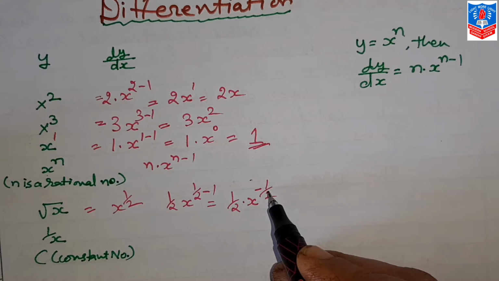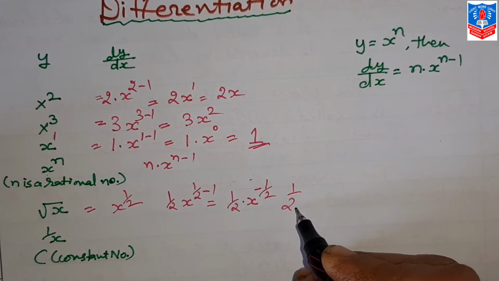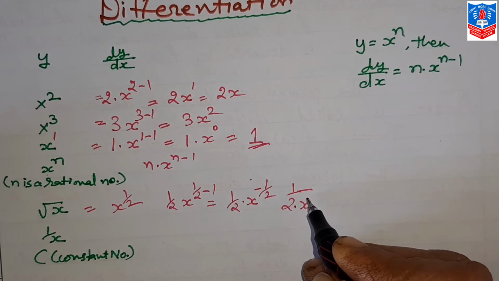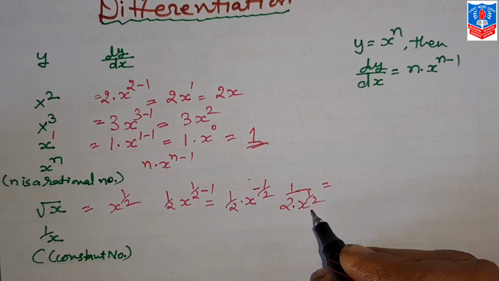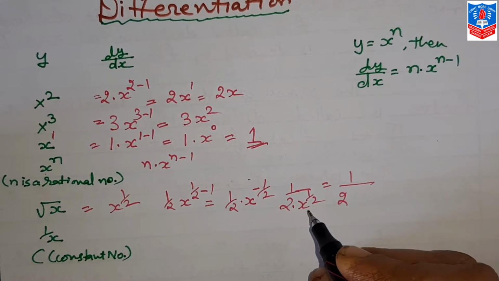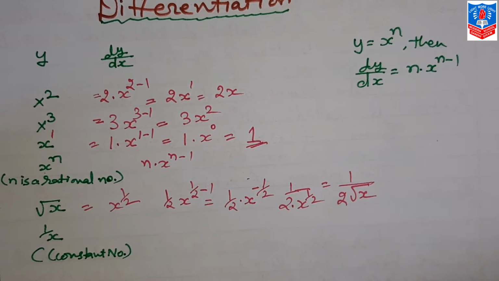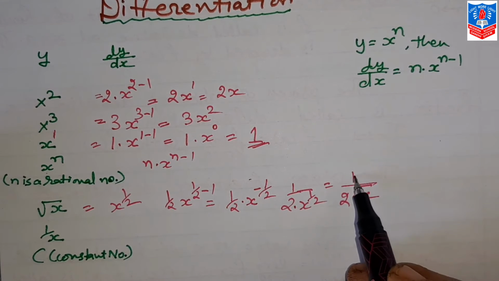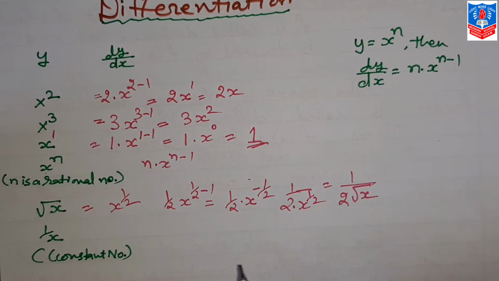Now this minus half, if you want to make it a positive sign, if I take it in the denominator, it will be positive. Now 1 upon 2, this x raised to half is the same as root, we can write. So derivative of root x will be 1 by 2 root x.